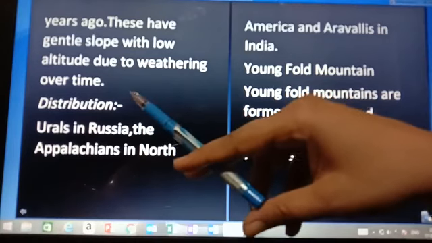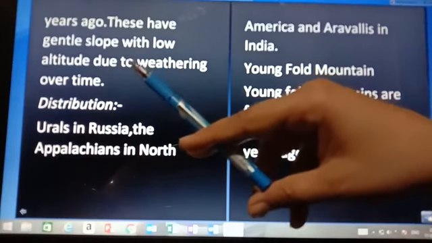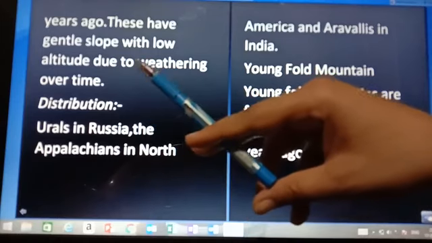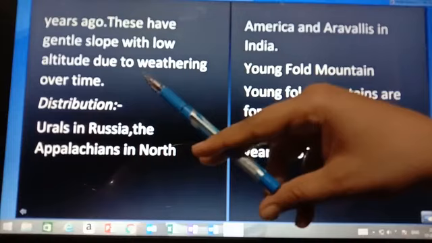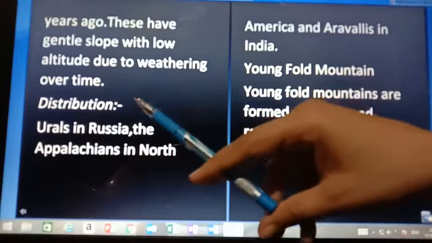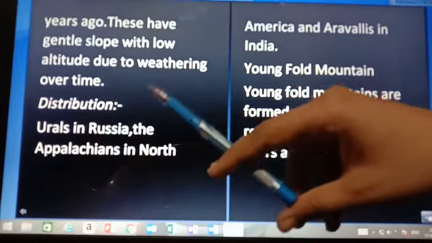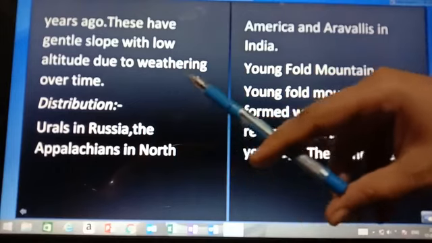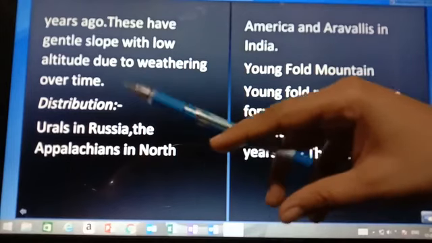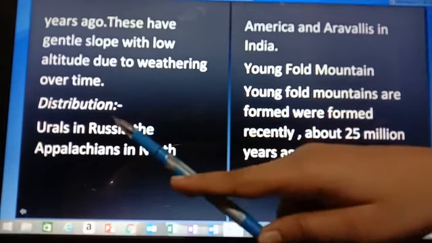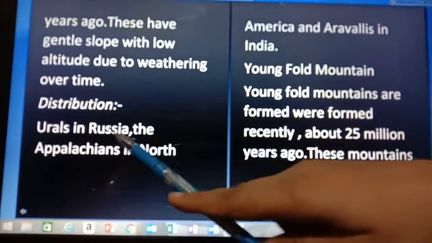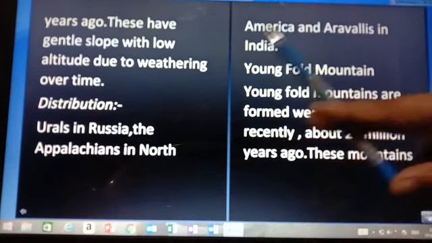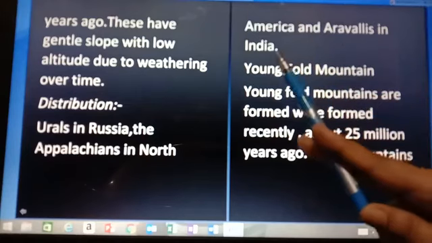Okay, so as the old fold mountain is a very old one, because of weathering and because of the removal of the top portion, its height is low in comparison to the young fold mountain. This distribution you have to study, like Urals in Russia, the Appalachians in North America, and Aravallis in India.